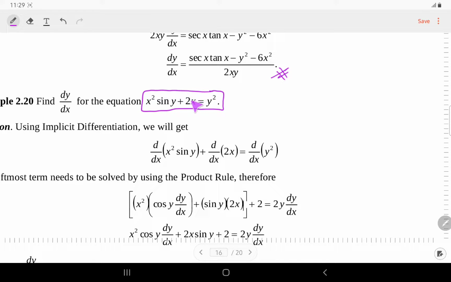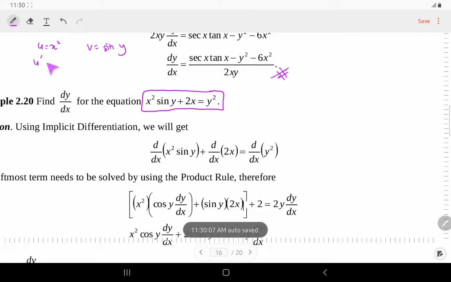For the second term, 2x, differentiating gives 2, and y squared we differentiate as usual. The first one, we differentiate this first term. So our u is x squared and our v is sine y.